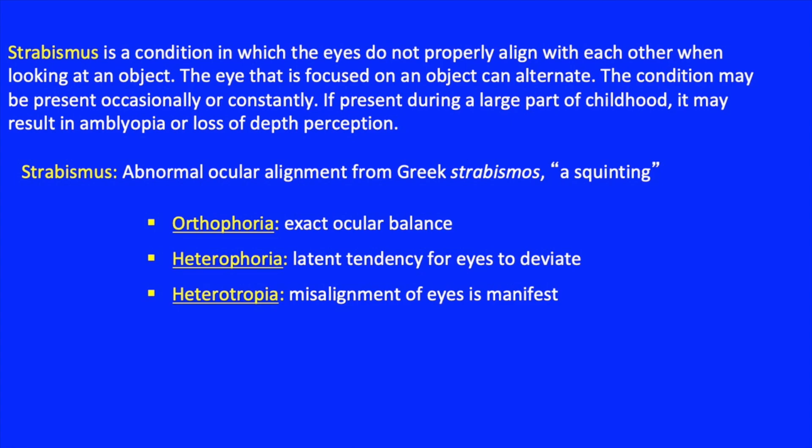The word is derived from the Greek strabismos, which means squinting. The opposite of strabismus is orthophoria, exact ocular balance. And strabismus can be considered latent, in which case it is termed heterophoria, or it is manifest, in which case a proper term to use is heterotropia.